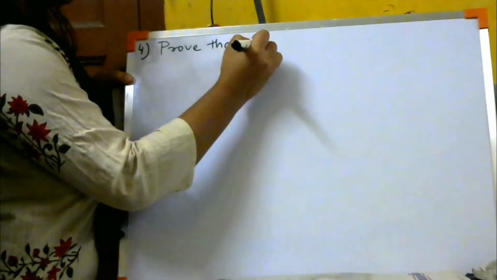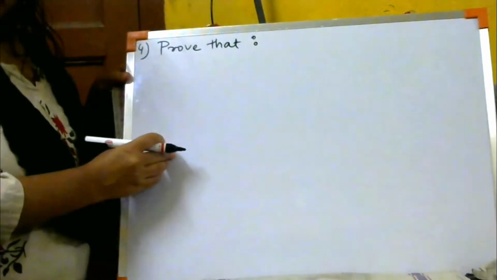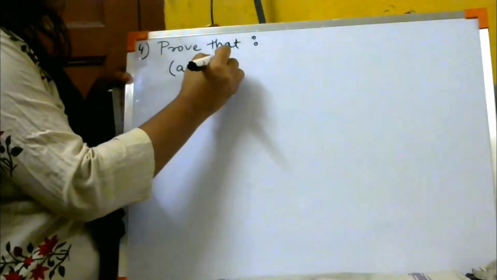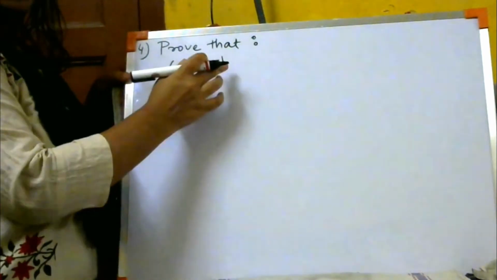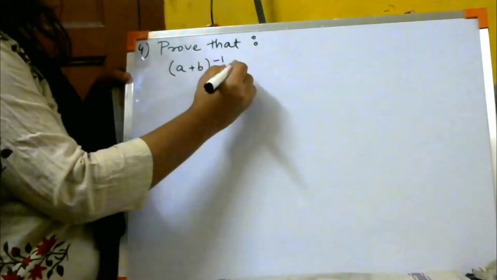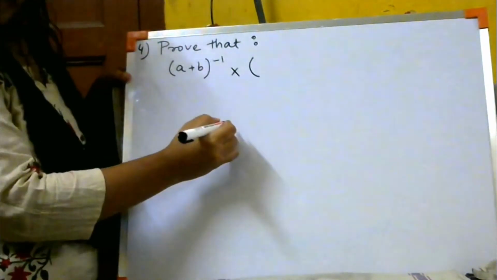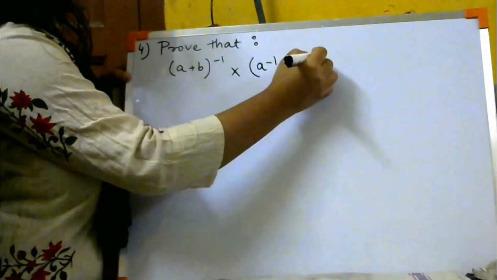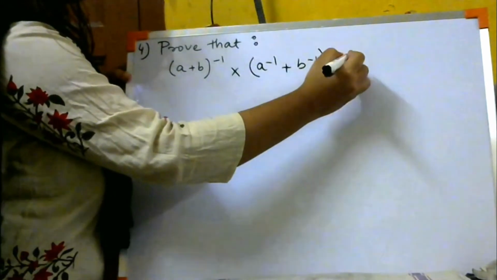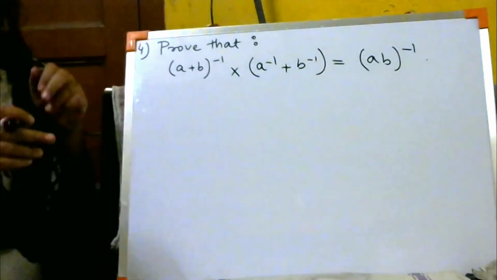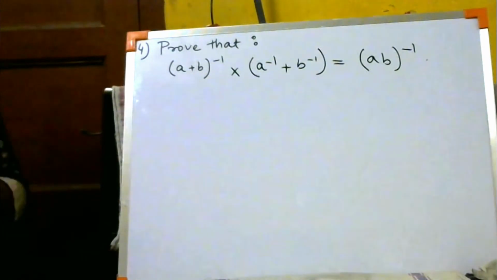You have to prove that a plus b to the power minus 1, मतलब a plus b दोनों का पावर है -1, एक साथ का पावर है -1 into a to the power -1 plus b to the power -1 is equals to ab to the power -1. This is the sum. Okay, copy down this sum.